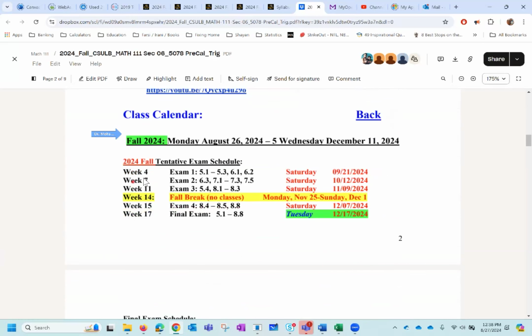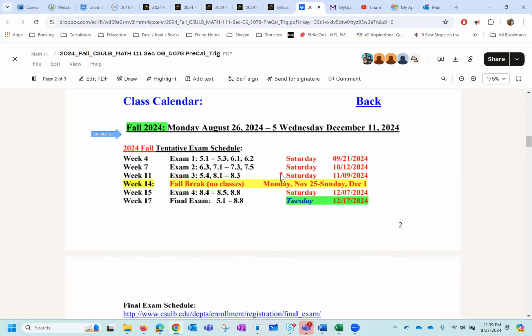Here's the calendar. And every few weeks we have an exam. I have set up your exam such that every exam takes place on Saturdays. The week of the exam, you receive an email. It has the information about the exam as well as the password.